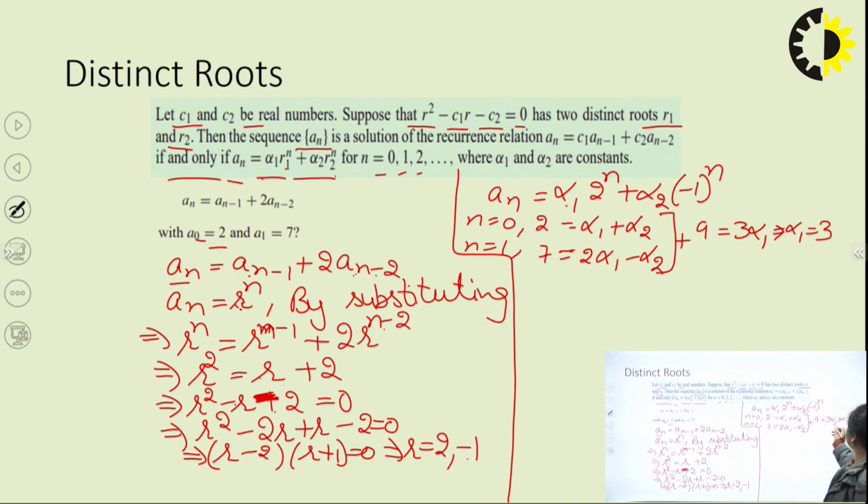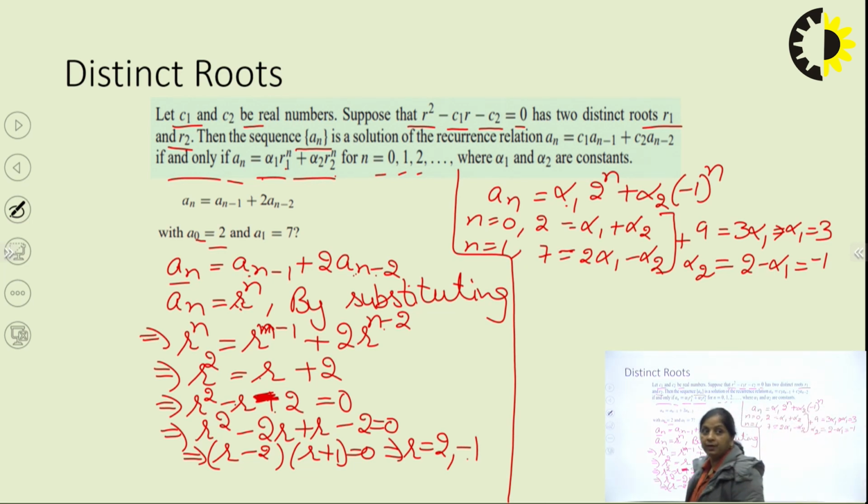Now from here I can calculate alpha 2. Alpha 2 will be 2 minus alpha 1, so 2 minus 3, which will come as -1. So from here we got the values of alpha 1 and alpha 2 also.